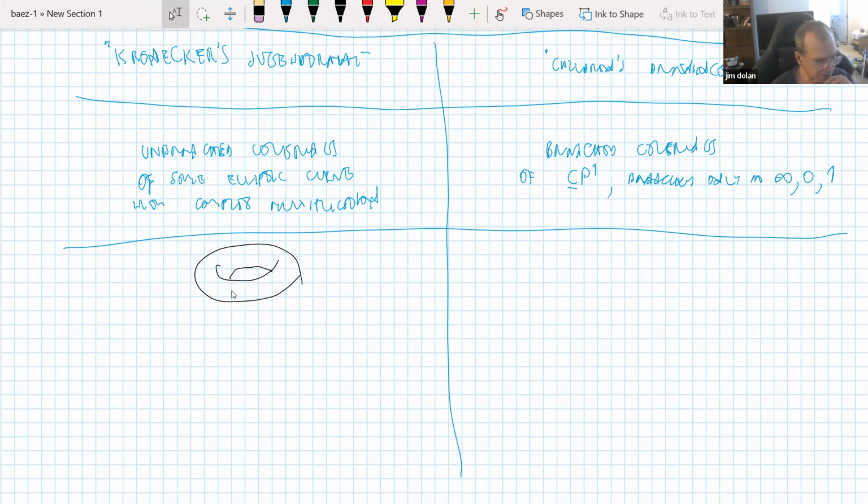And now, what am I trying to say here? Well, there's a sort of idealized universal cover here that we could deal with. If you just treated this as a complex manifold, then it's got a universal cover as a complex manifold.